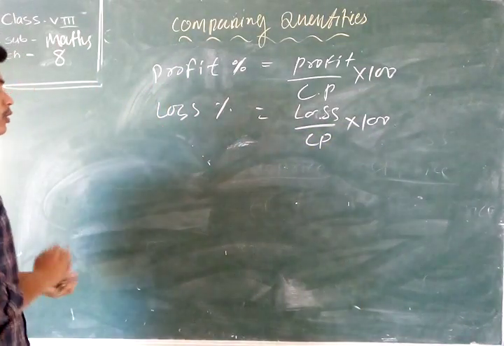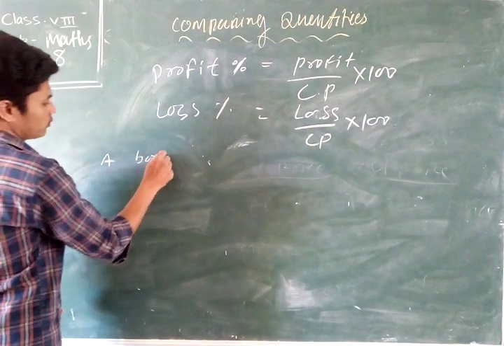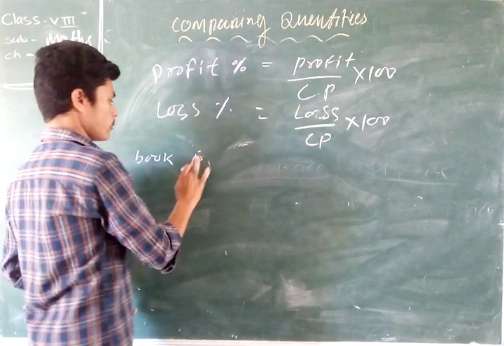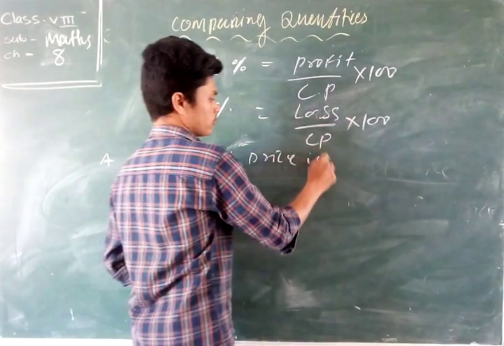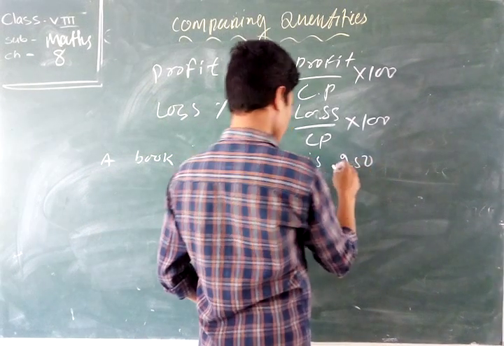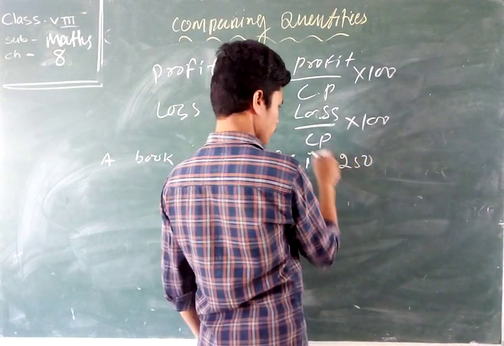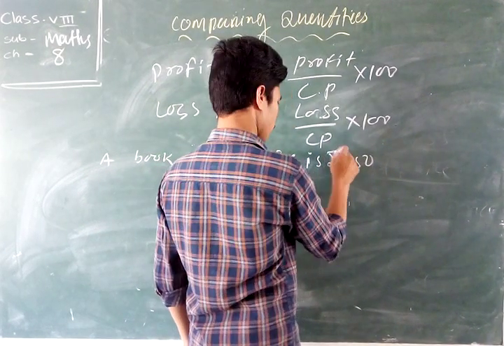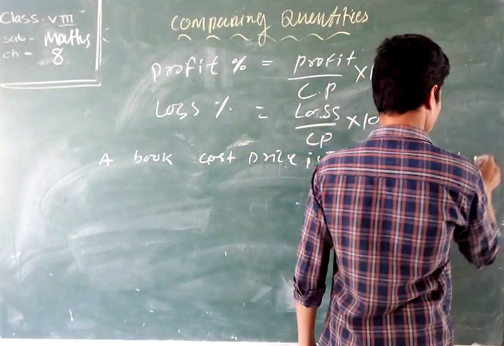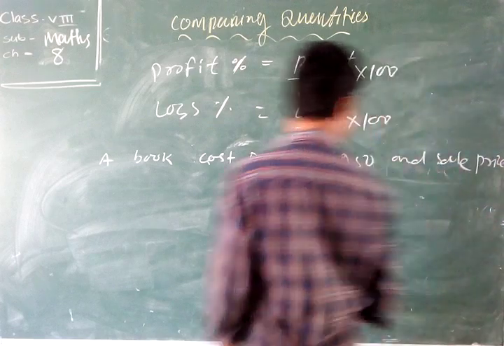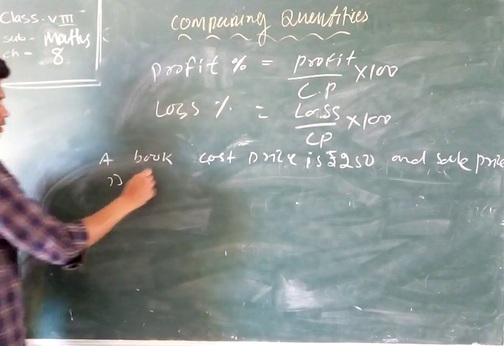Take one example. Suppose a book's cost price is 250 and sell price is 300.